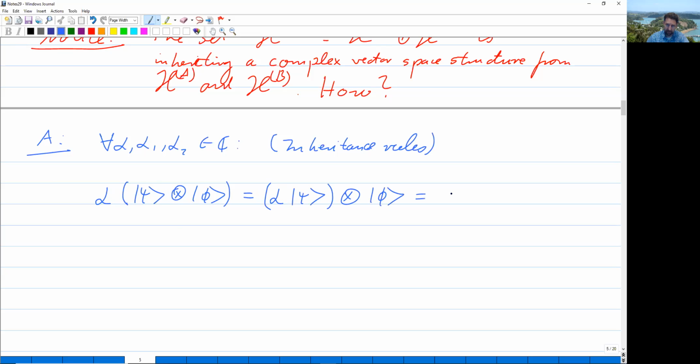And this is, again, the same as if you took psi tensor alpha phi. This is how this part of the linearity is inherited from the Hilbert space structure of the constituent systems.